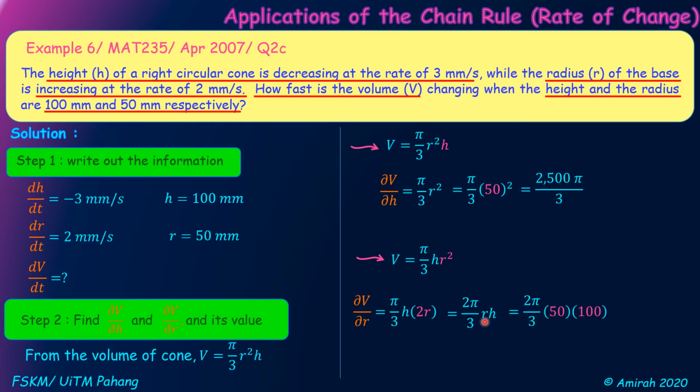After that, we substitute r equals 50 and h equals 100. Then we get 10,000 pi over 3. Now we have found del v over del r and its value, and we have found del v over del h and its value.